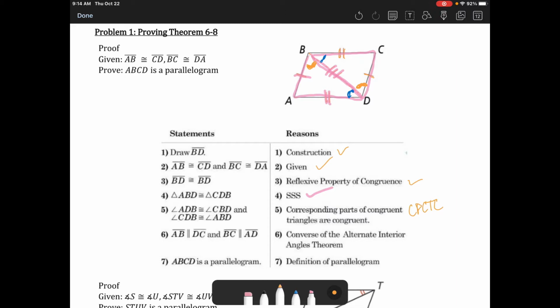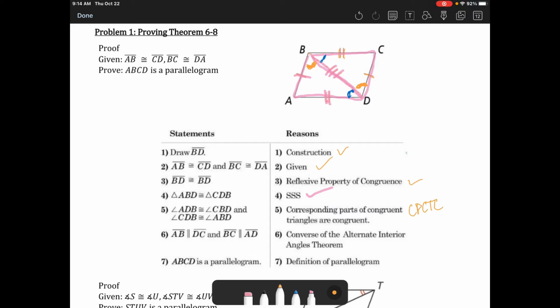Now, AB is parallel to DC and BC is parallel to AD. So the opposite sides we can now say are parallel. Why? Because of the converse of the alternate interior angles theorem. So in other words, because in the step above we concluded that the blue angles were congruent and the orange angles are congruent, if you notice that they are alternating sides of a transversal and are congruent.